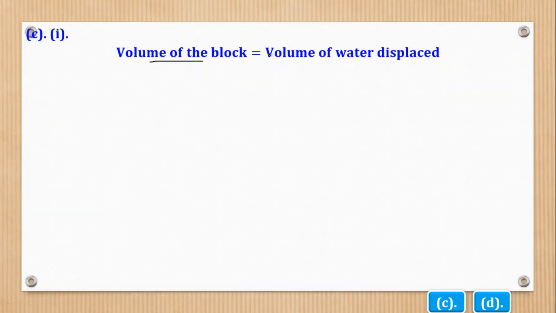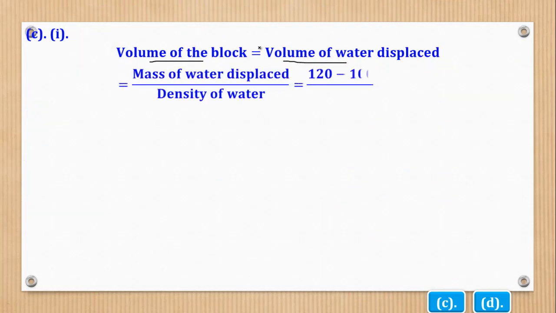So volume of the block is equal to volume of water displaced, and that volume of water displaced will be got by mass of water displaced over density of water. So mass of water displaced is this excess, 120 minus 100, and density of water is 1, which gives you 20 centimeters cubed.